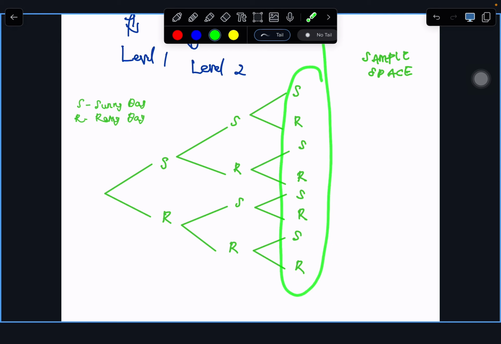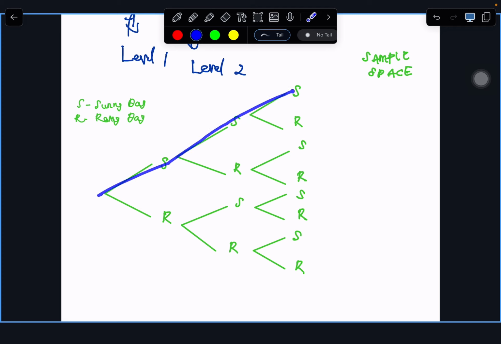We have a 3-day trip, so day 1 is the beginning and day 3 is the end. How do we get there? Basically, you have to go through this path, correct?